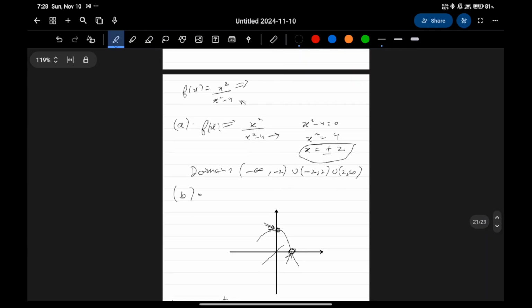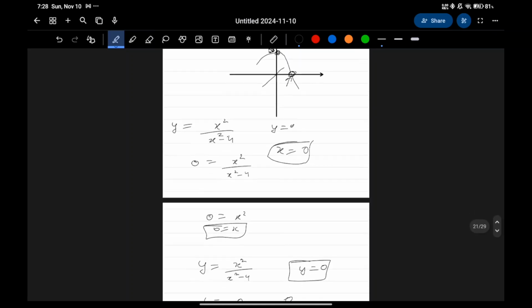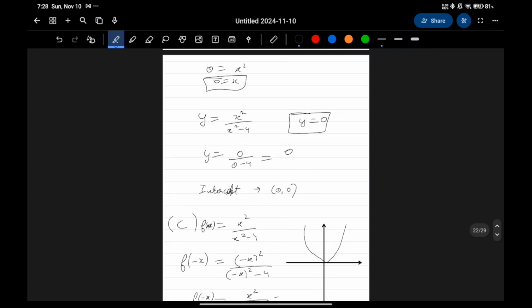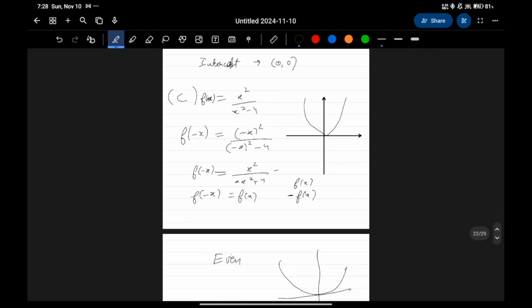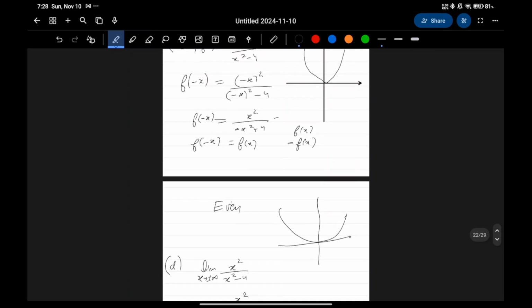So we know that our domain is from this to this, and we have vertical asymptotes at 2 and negative 2. We have a horizontal asymptote at y equals 1. We have an intercept at 0 comma 0, and our function is even, so it reflects upon the y-axis.